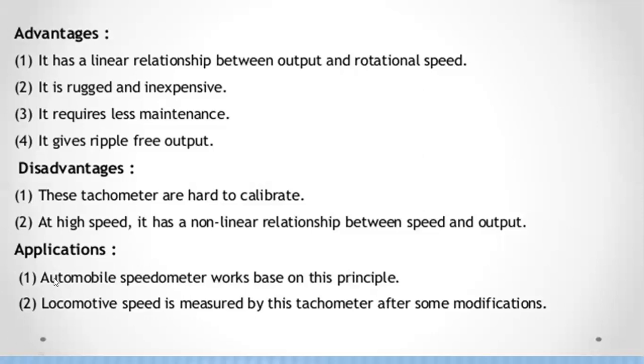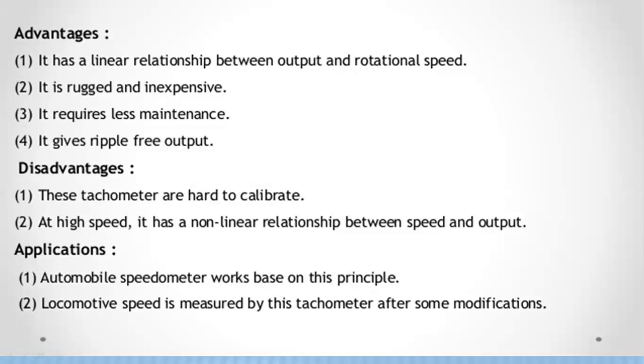So what are the applications of these electrical tachometers? Automobile speedometers. In different automobiles, we can calculate the automobile speed by using this electrical type of tachometers, which are used to measure the speed of the vehicle. So automobile speedometers work based on this principle.